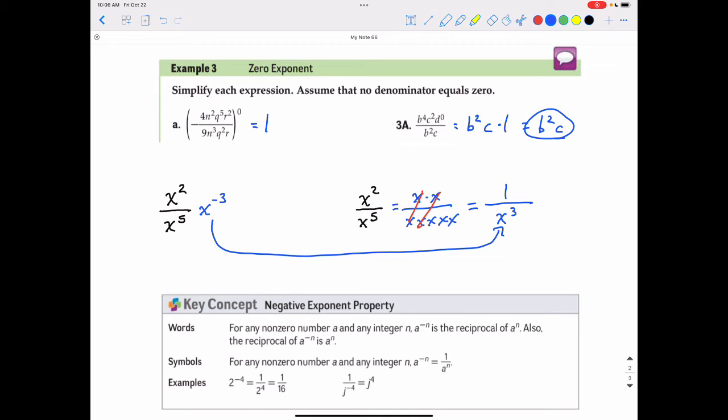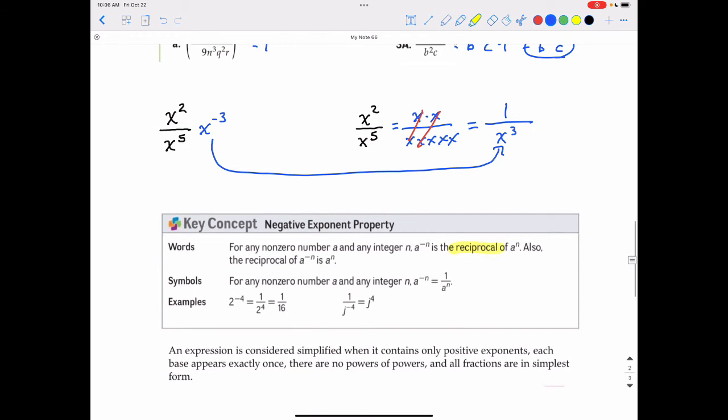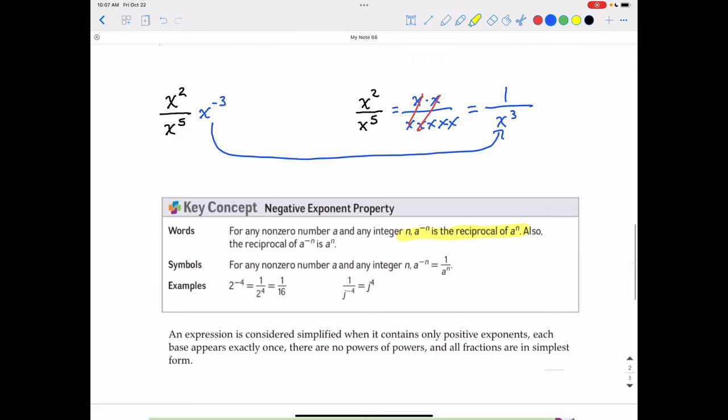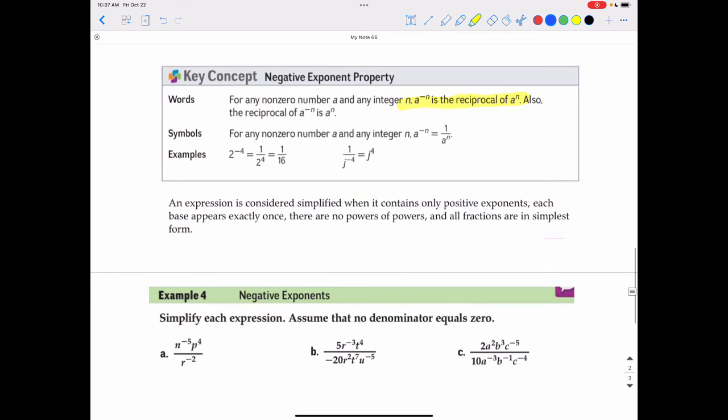Negative exponents are reciprocal exponents. If you have a negative exponent, it is the reciprocal of that, which means it moves to the bottom of a fraction. If that was already at the bottom of a fraction, you would move it to the top of the fraction. So here's a couple examples in the gray box. 2 to the negative 4th power, I would take that 2 to the negative 4, move it to the bottom of a fraction.